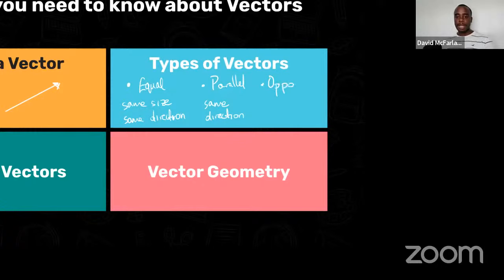Opposite vectors, this one messes up students sometimes, have the same size. It has to have the same size, but opposite direction. So it's completely opposite of the other one. Those are the three main different types of vectors. Have you guys ever seen those definitions before?